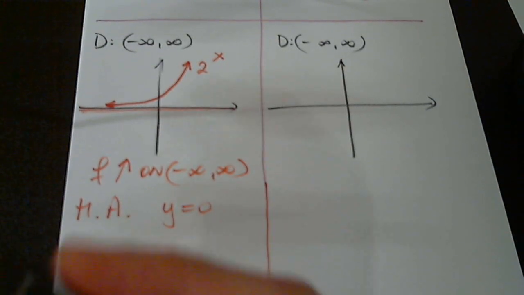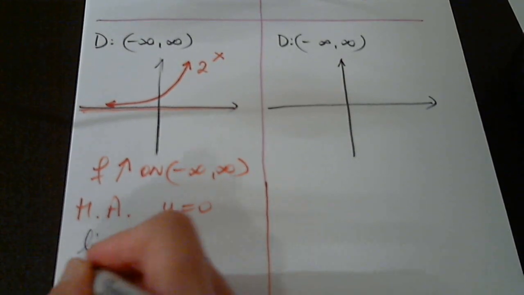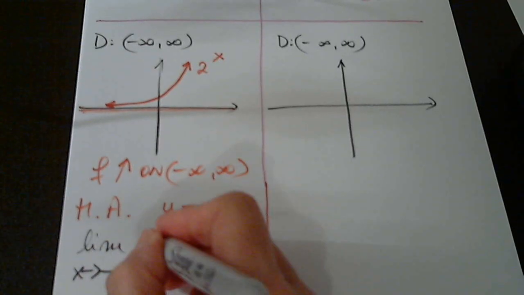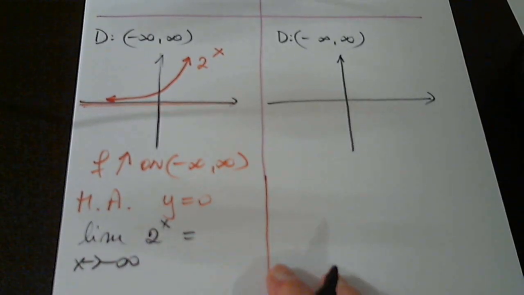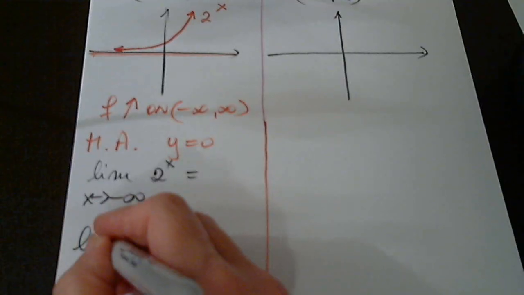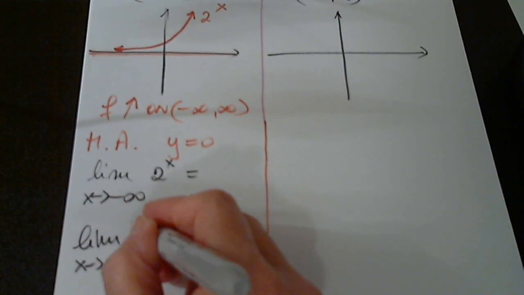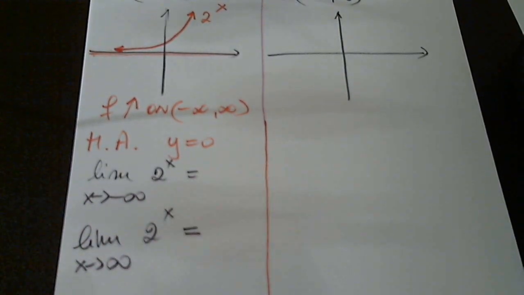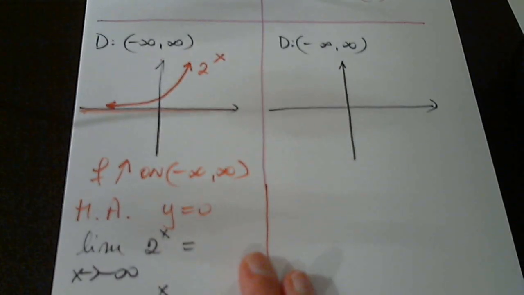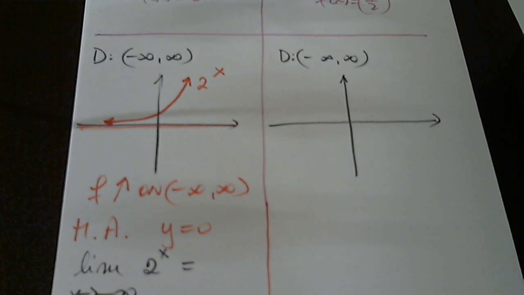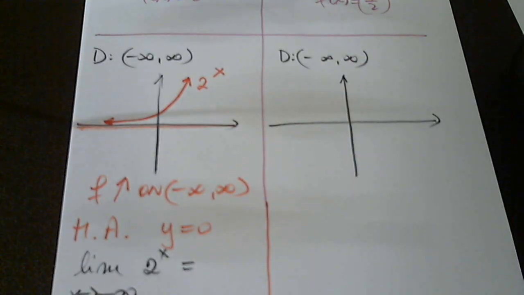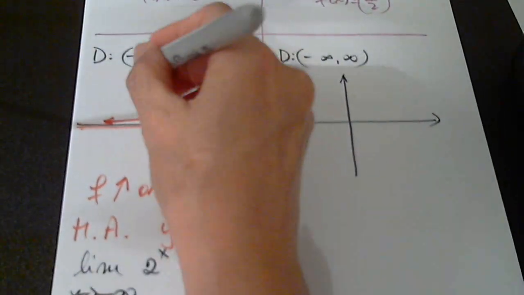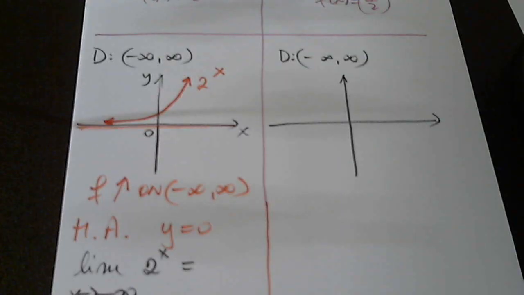Can anyone give us the limit as x approaches negative infinity of 2 to the x, as well as the limit as x approaches infinity of 2 to the x? Look at the graph and tell me what I should write.